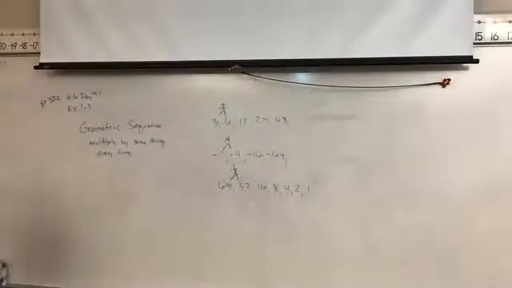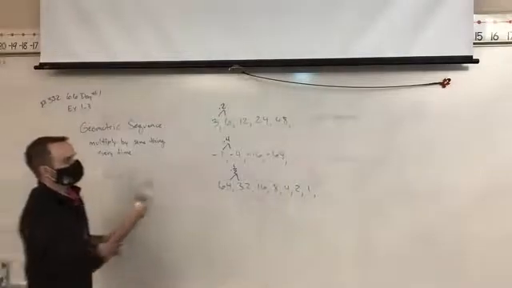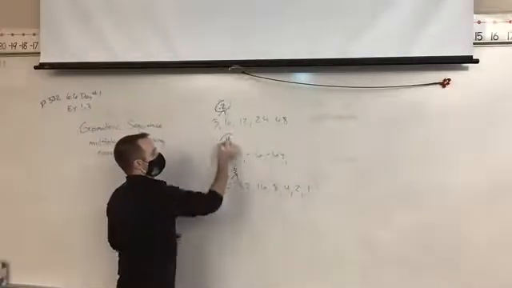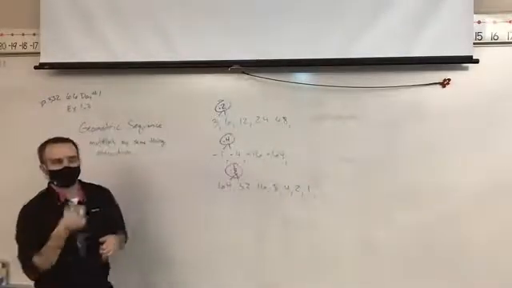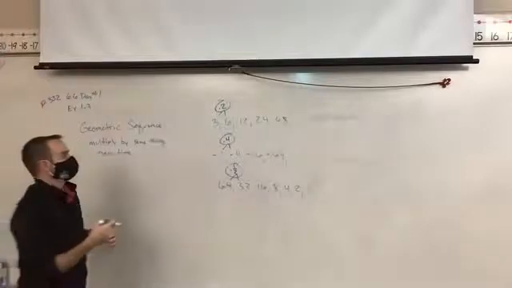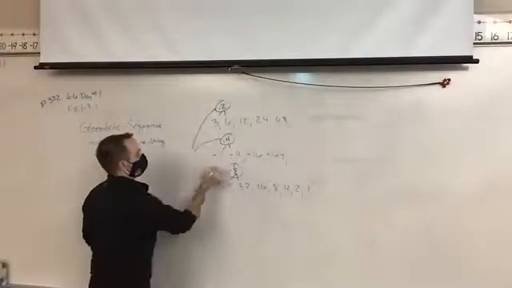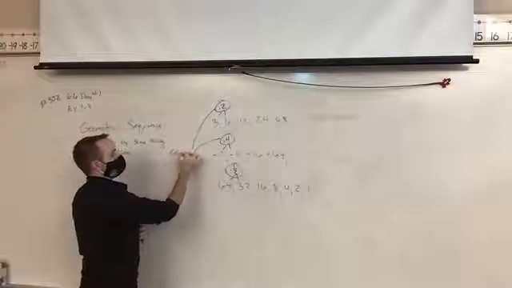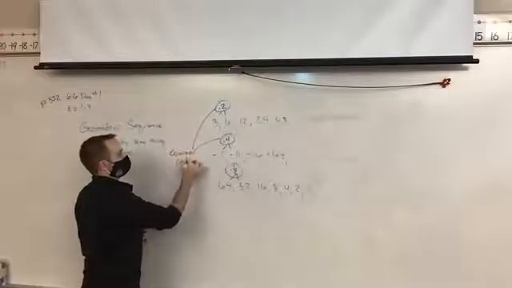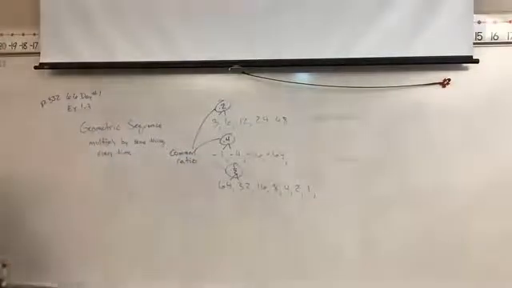Yep, absolutely. So these numbers, we found the common difference during the warm-up, which was in the arithmetic. Now, these numbers are considered the common ratio. So the common ratio is what we are multiplying by every time.